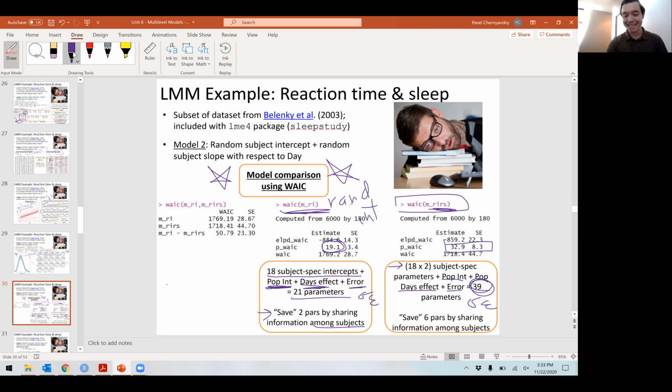So we save 6 parameters by sharing information between subjects. There's more sharing that's happening. There's sharing in their starting point, the intercept, and there's also sharing in information about how they are affected by lack of sleep. So all of this is pointing to we need the model with random slopes.